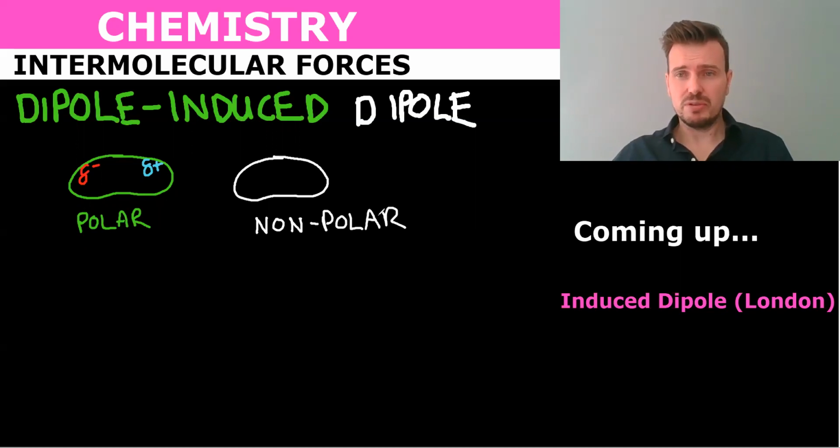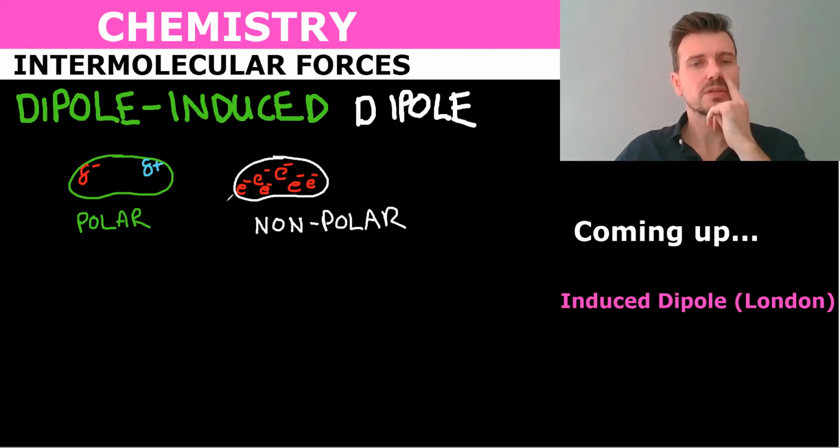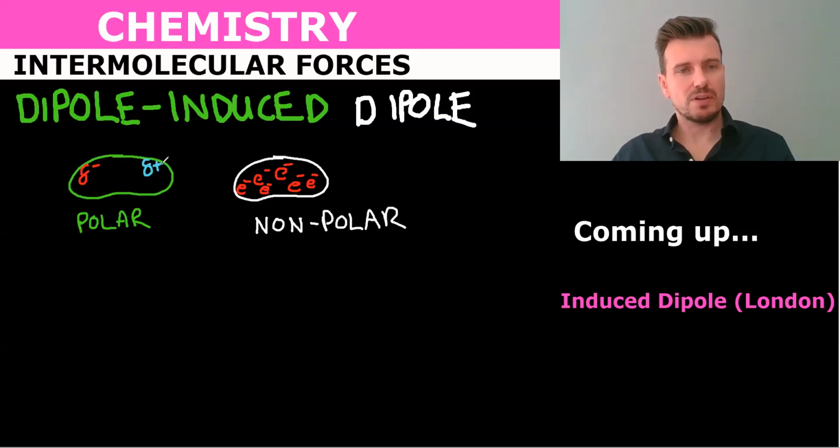However, we do know that we've got electrons flowing around this non-polar molecule. So what happens is the electrons get attracted to the positive end of the polar molecule because opposites attract. And so they then move towards here and we get a temporary pole.